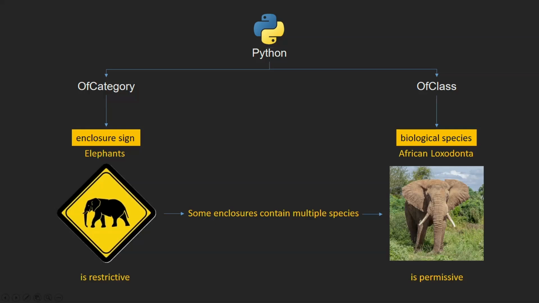So far we saw technically what happens when we use OfCategory and OfClass to retrieve elements. Now let's recap. If you consider OfCategory an enclosure sign, OfClass would be a biological species, meaning that some enclosures contain multiple species. And now we understand why calling elements with OfCategory gives lower numbers than OfClass.